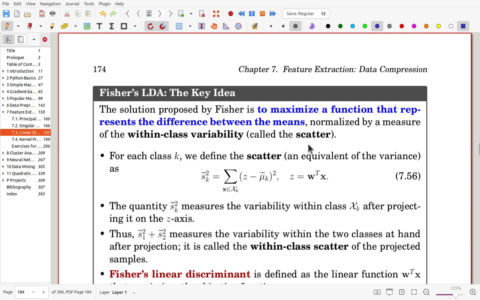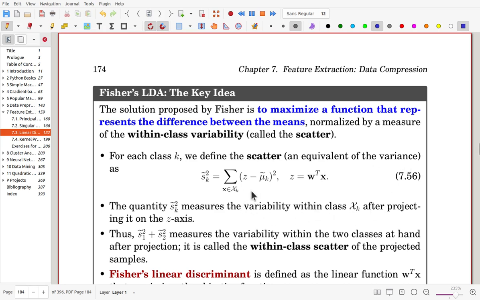That's called the within class scatter. Now let's formulate it mathematically. For each class K, we define the scatter, which is in fact the same concept as the variance.